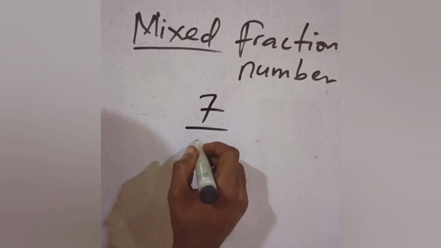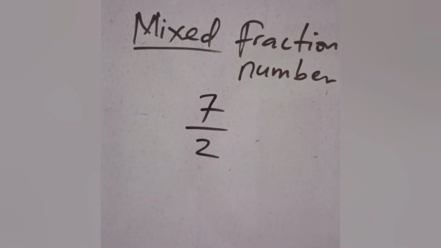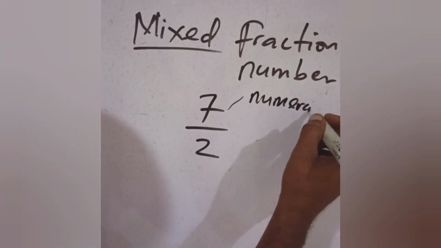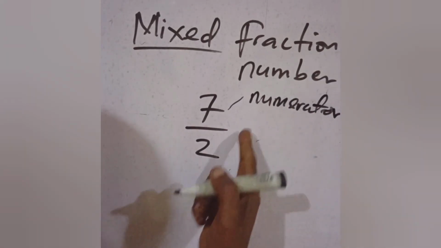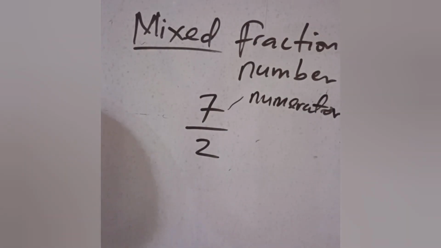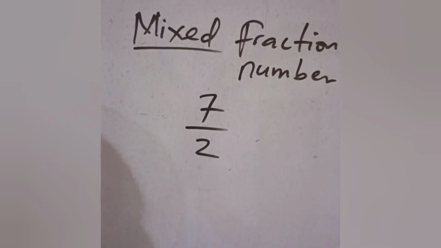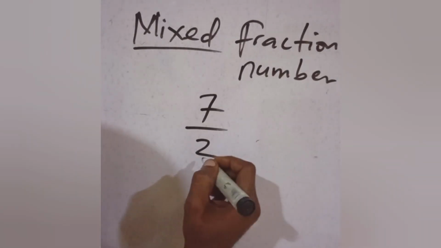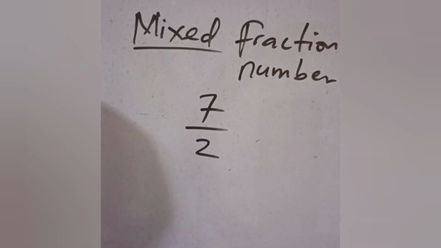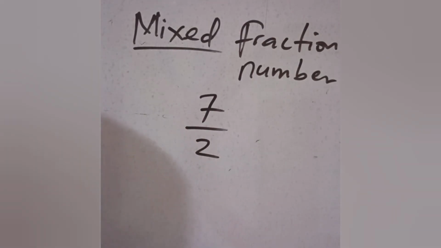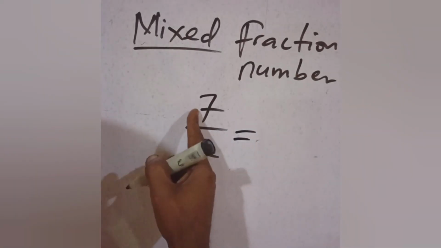So for example, something like 7/2, because the numerator, remember the top is the numerator, is bigger. When the numerator is bigger than the denominator, you have an improper fraction. You can write this as a mixed number, a mixed fraction. First step, you divide the numerator by the denominator, divide by 2.